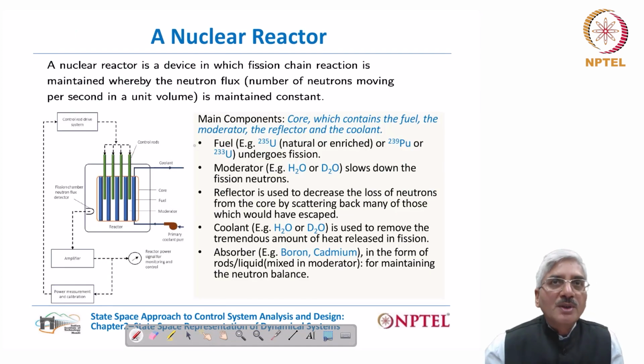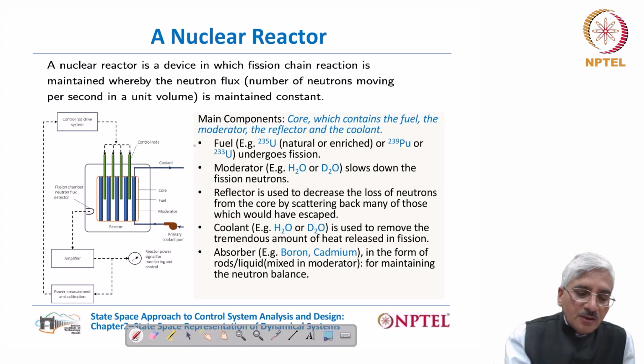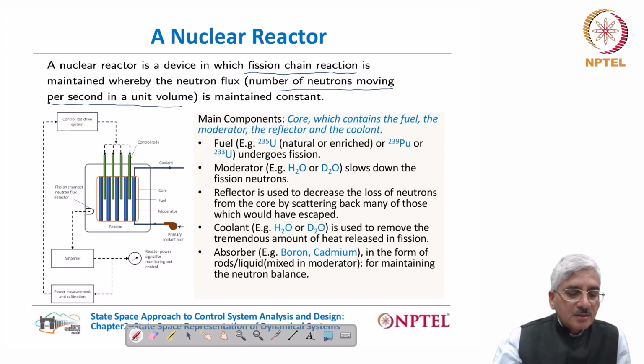Now the next example we take is slightly specialized one, which is that of a nuclear reactor. This may not be found in standard textbooks, so I request special attention. So a nuclear reactor is a device in which a fission chain reaction is maintained, whereby the neutron flux, defined as the number of neutrons moving in a unit volume of the reactor, is maintained constant.